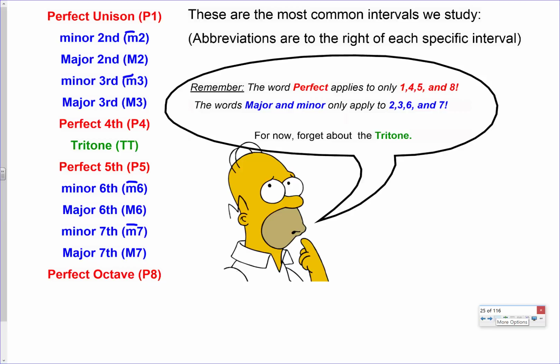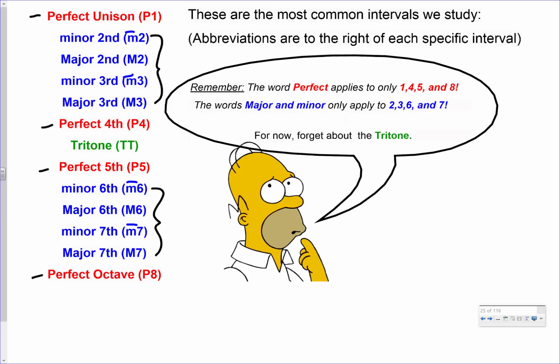Okay. So right here I have my perfect intervals in red. I've got my perfect unison, or my perfect prime, my perfect fourth, my perfect fifth, and my perfect octave. In blue, I have my minor seconds and minor thirds, and I have my minor sixth and my minor sevenths.